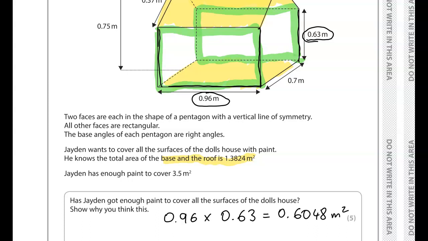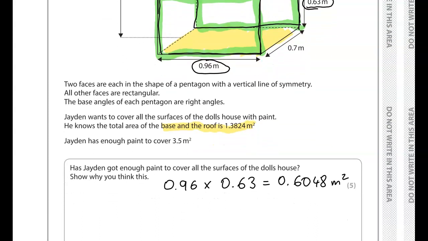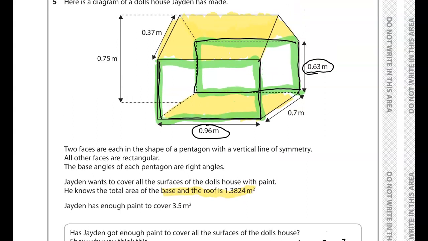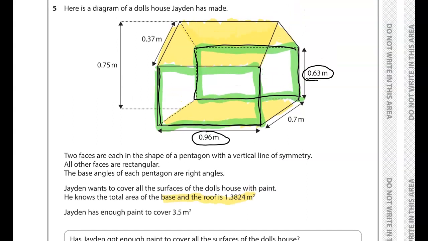And we multiply this by 2 because, as we said, this side will be equal to that. So 2 times 0.6048 gives us 1.2096 square meters.